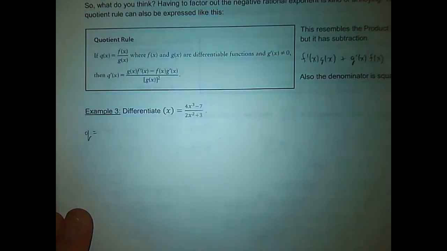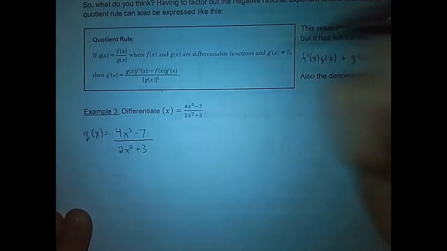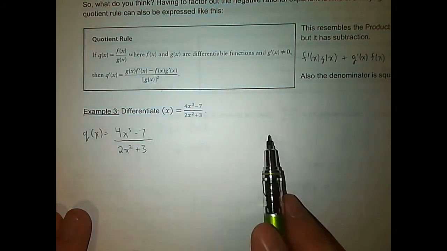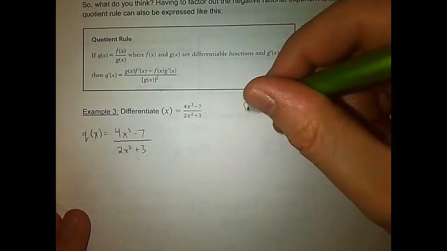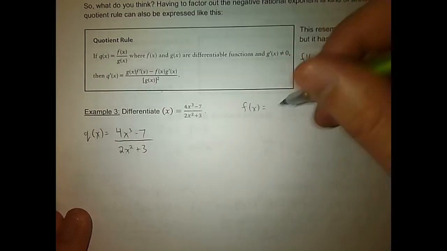So q at x is equal to this. I'm going to rewrite it. And let's just on the side here again write out what f at x is. That's our numerator.